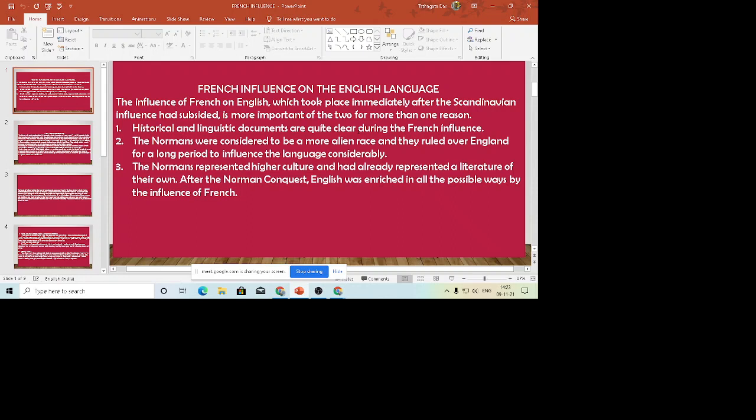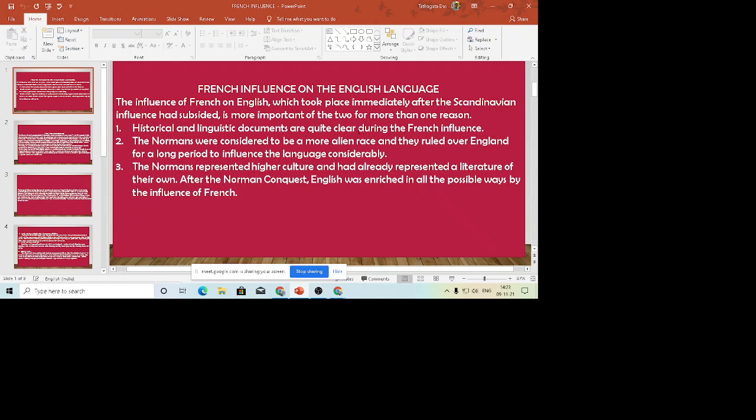They maintained contact with France and the French language, and held a kind of position of aristocracy, which kept them at a distance from the common people of England.